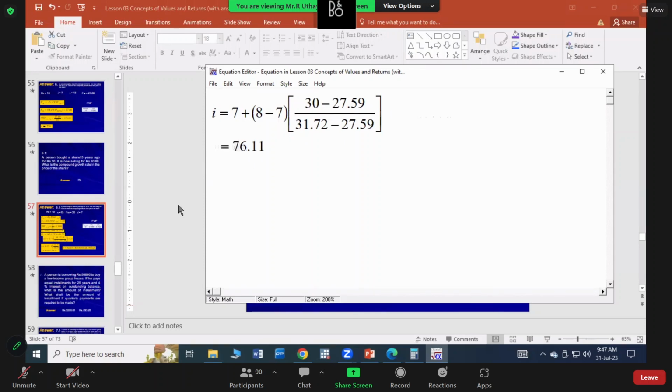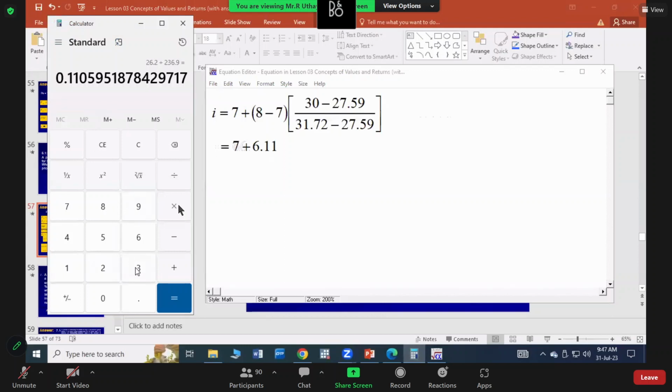So you can have 7 plus these fractions. So you can use a calculator. 30 minus 27.59.